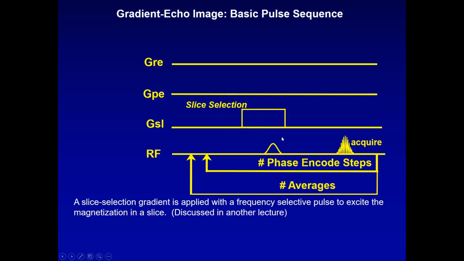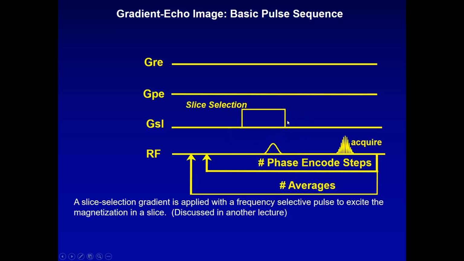Then you're exciting 100 hertz, and the gradient will create a dependence of frequency of 100 hertz per centimeter. That means you excite a 1 centimeter slice through the head. That's pretty thick. Usually you'd be looking for thinner slices than that for imaging. But there's a slice selection gradient in the presence of a slice selective pulse.